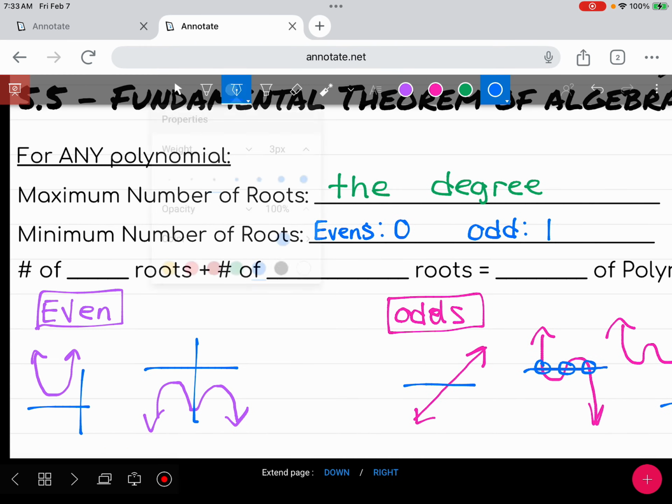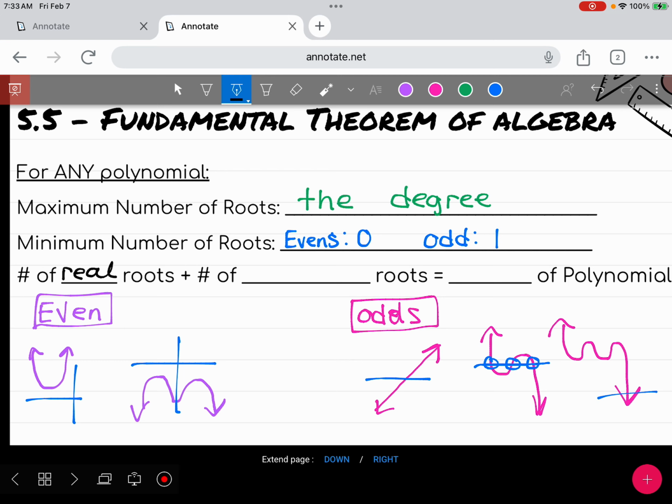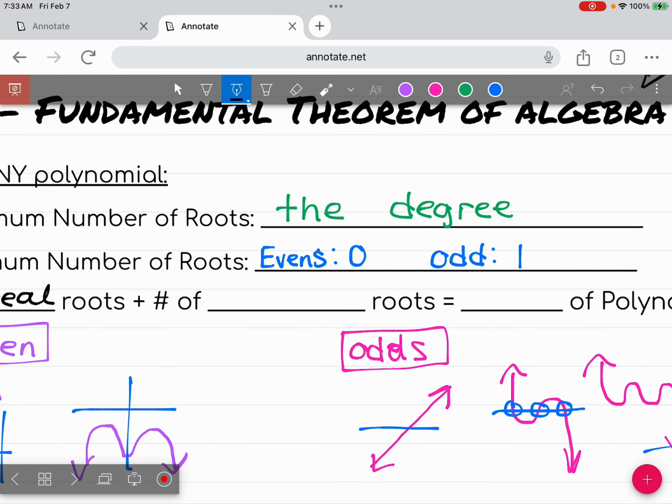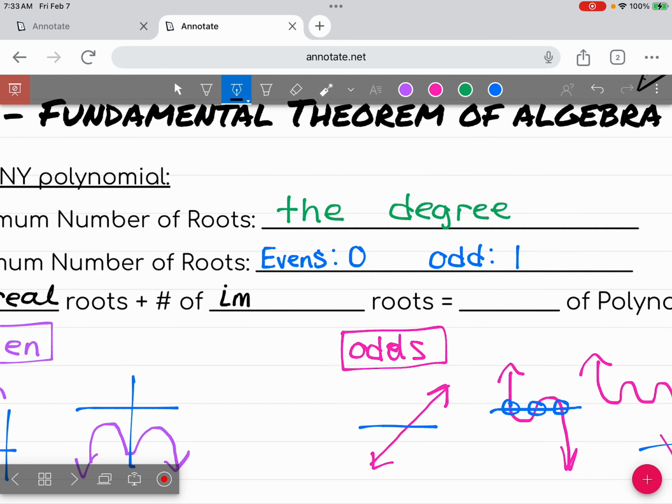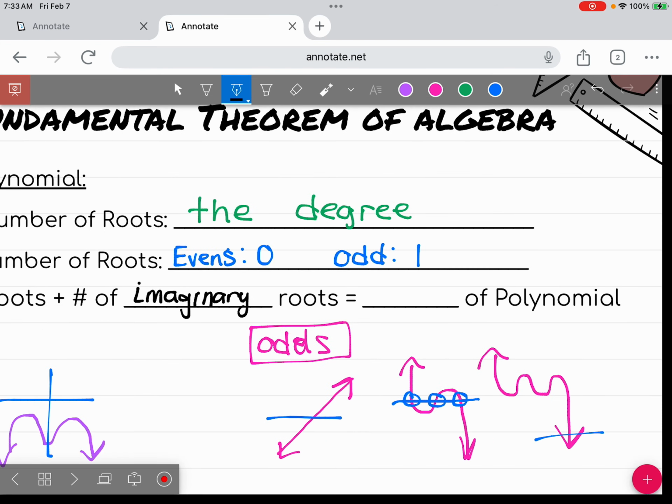So the number of real roots we have and the number of, if we don't have real ones, they are imaginary, will combine together to get the degree.